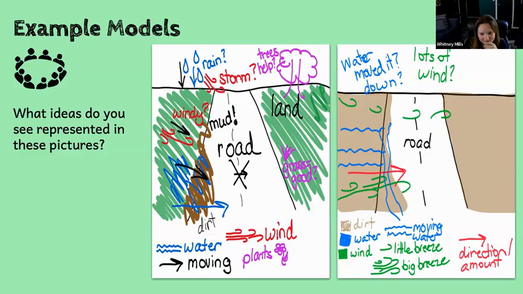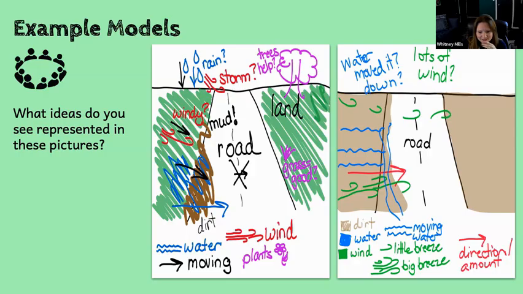Fascinating. Okay. Ooh, and we even thought maybe about the direction of wind and water moving the land. Oh, yeah. I do see some arrows there. Like maybe we thought about how that dirt moved from the side of the road onto the road, right? It's no longer this nice little clean shape on the side of the road. It's now like a blob on our road.